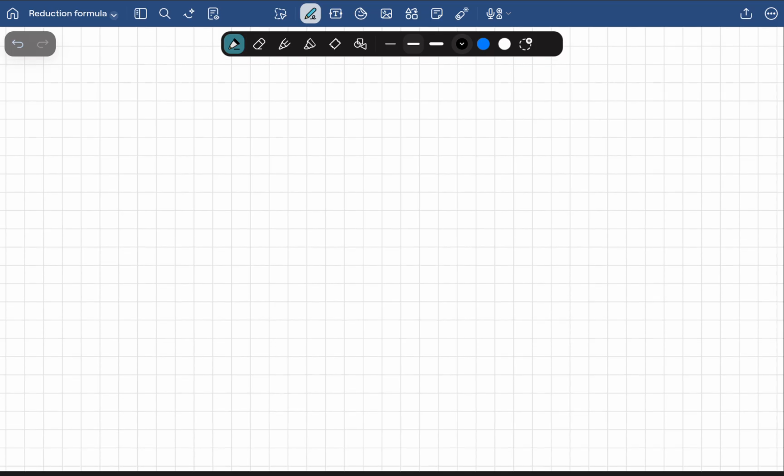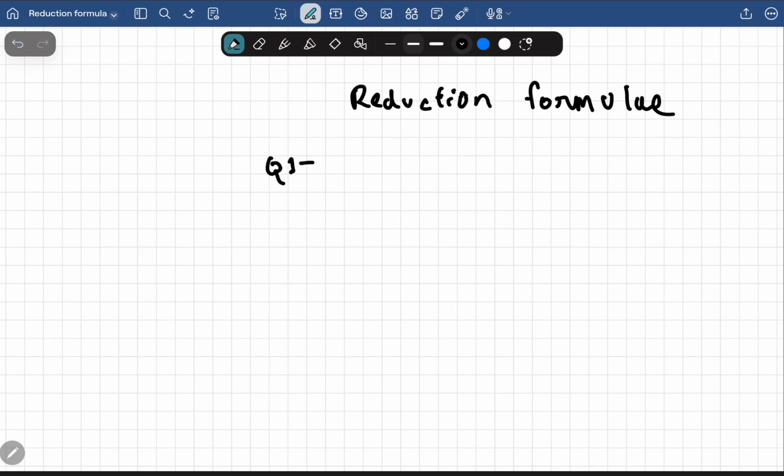So here we go. Trigonometry. Let me just write it here. Reduction formulas. Now we'll be talking about quadrants. So quadrant 1 rules, okay?